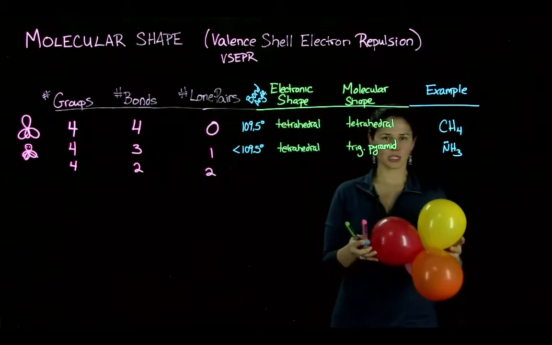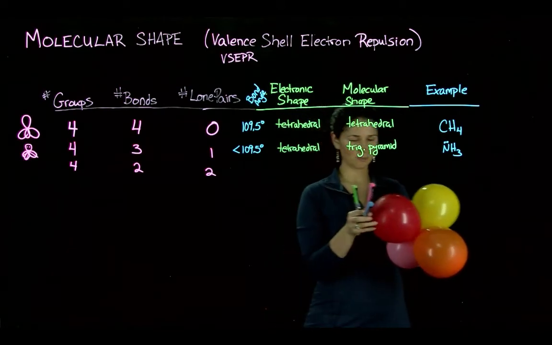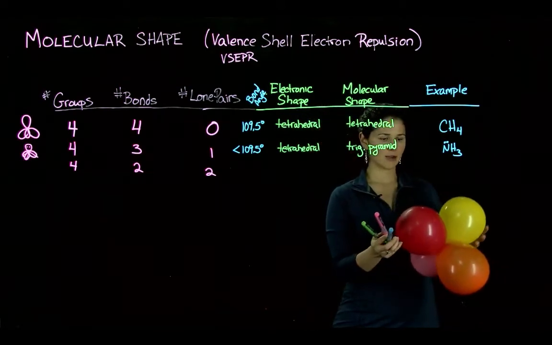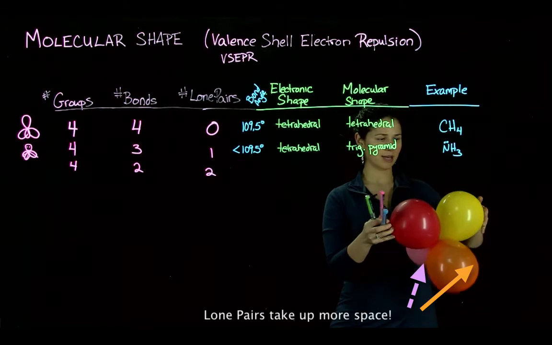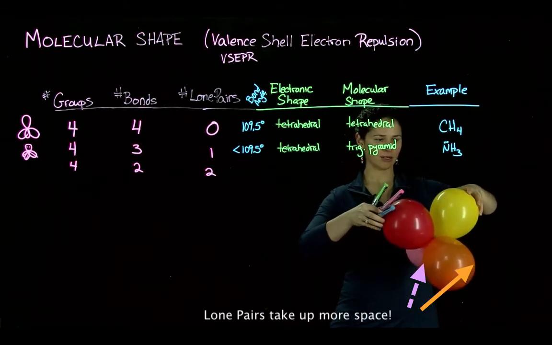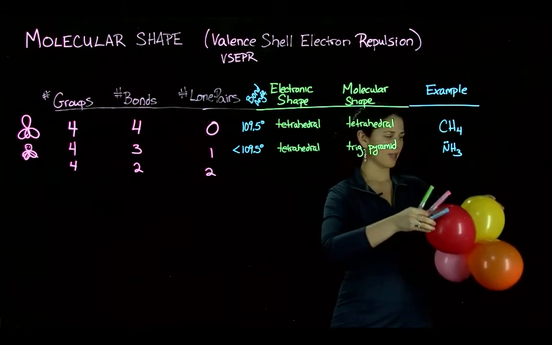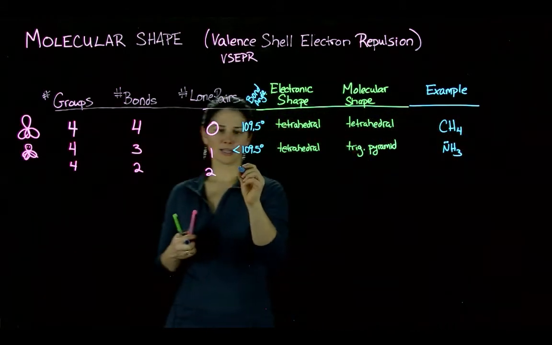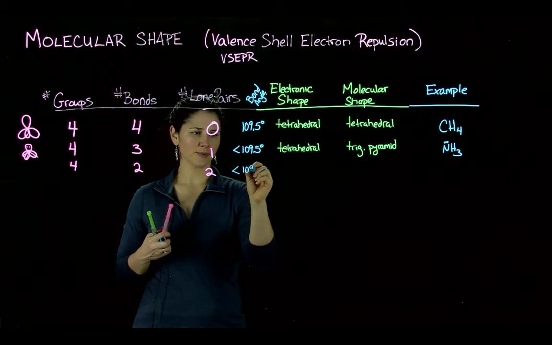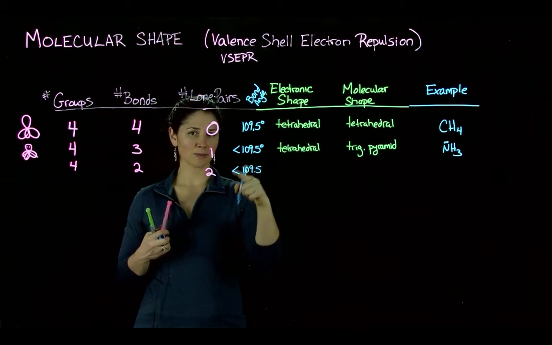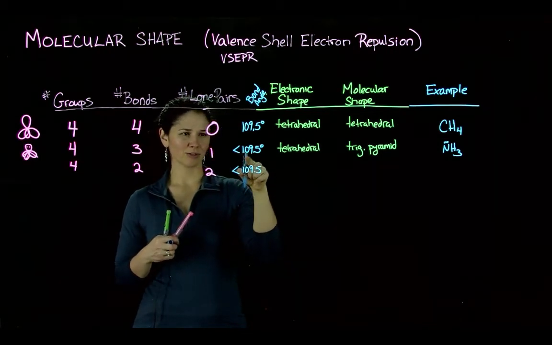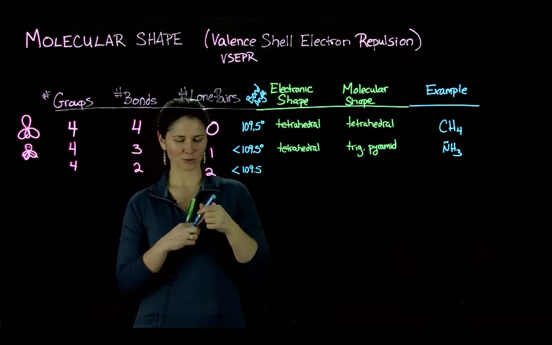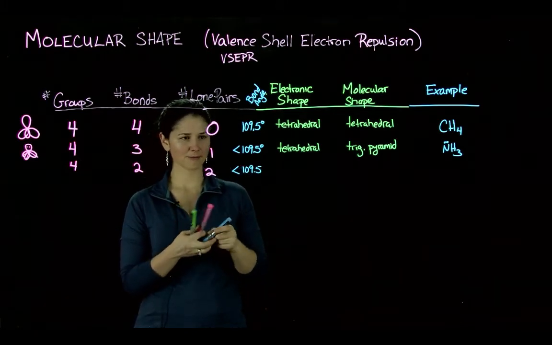So if we imagine that the pink and the orange balloons are taking up more space, they would be pushing the 2 atoms on the red and the yellow balloon closer together. And so then once again, the bond angle is just less than 109.5. And this one would be less than the previous one, but we don't split hairs that far. So we'll just call them less than 109.5.